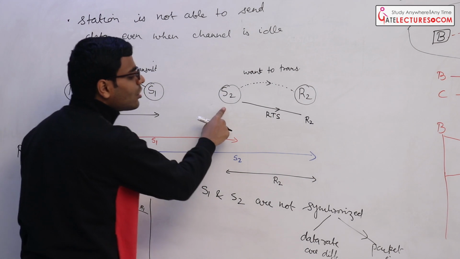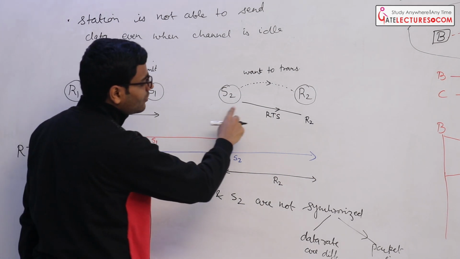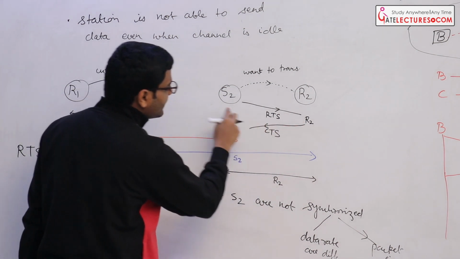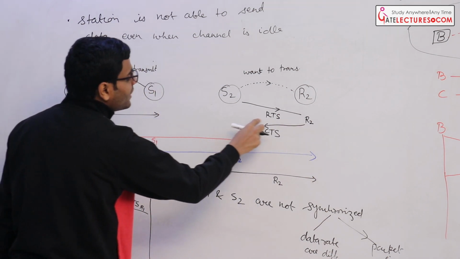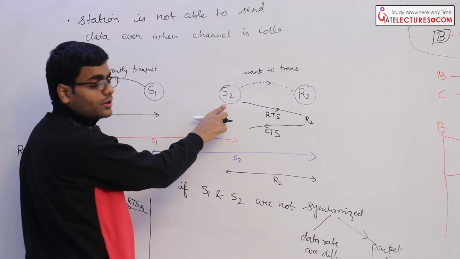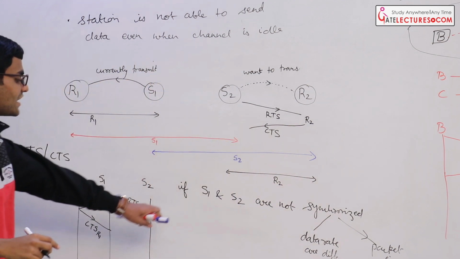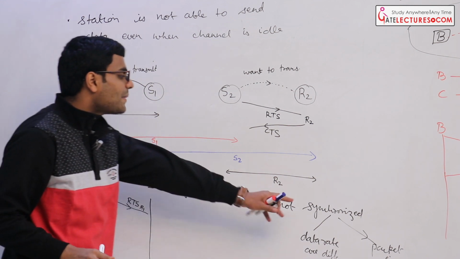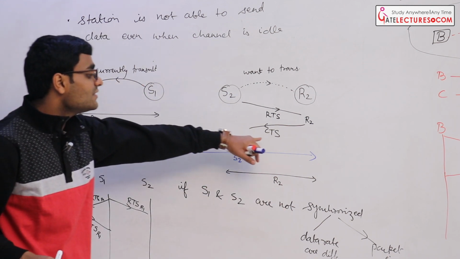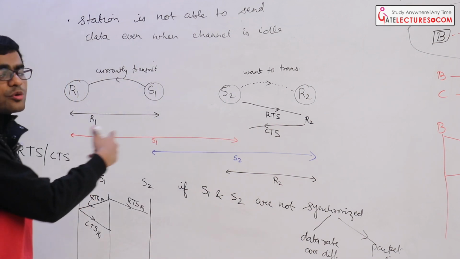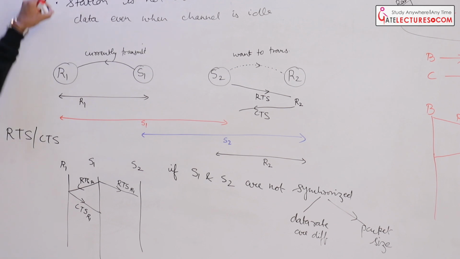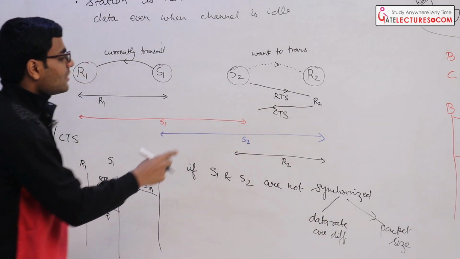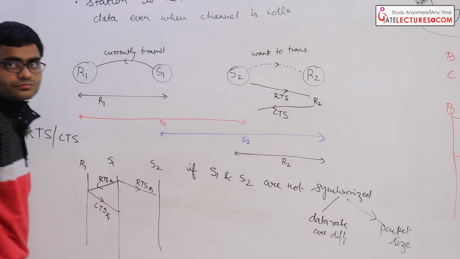So if S1 and S2 are not synchronized, then when S2 sends an RTS signal to R2 and R2 sends a CTS signal to S2, S2 will not be able to hear this CTS signal, because this CTS signal will collide. If their data rates and packet sizes are different, S2 will not be able to hear this CTS signal, and hence S2 will not be able to communicate with R2. So this problem is called the exposed station problem. It means even if the channel is idle, S2 is not able to communicate with R2.